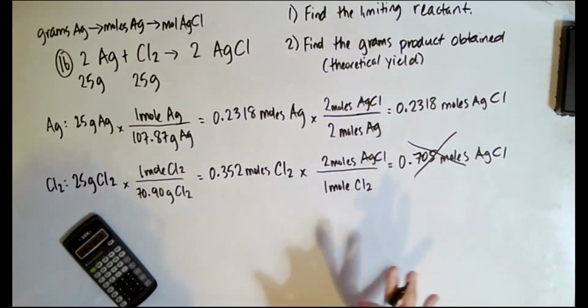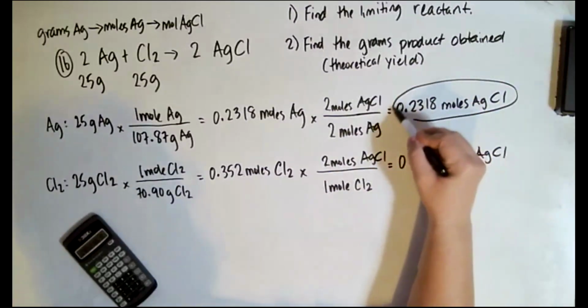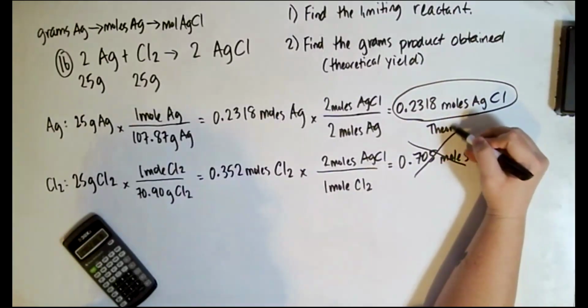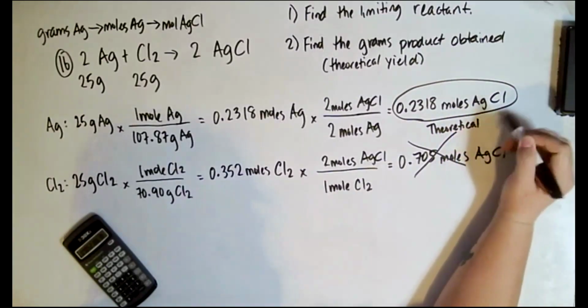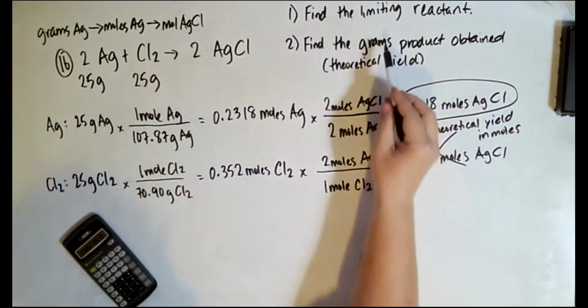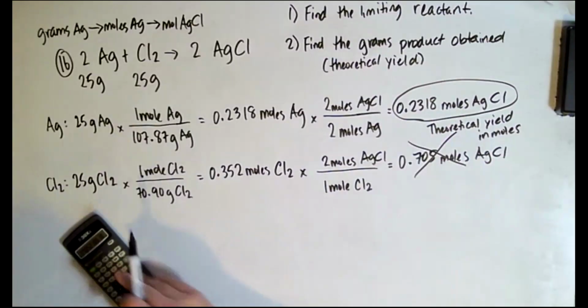What we know is that this value here is our theoretical yield in moles. Our final answer needs to be in grams, but we can get that very easily now that we have this number.